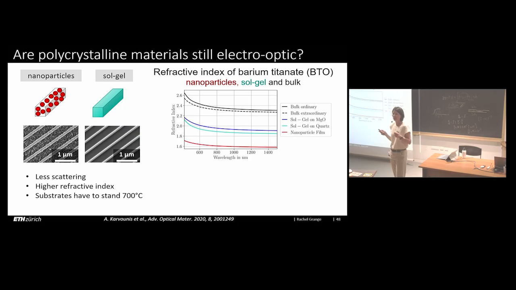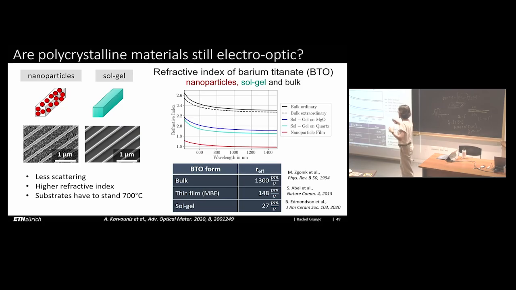When you start with an amorphous material, you have a calcination step to make it polycrystalline. Then you can put it on any substrate, but you need the substrate to stand the 600 or 700 degree calcination step that we have to go from amorphous sol gel to a polycrystalline material.